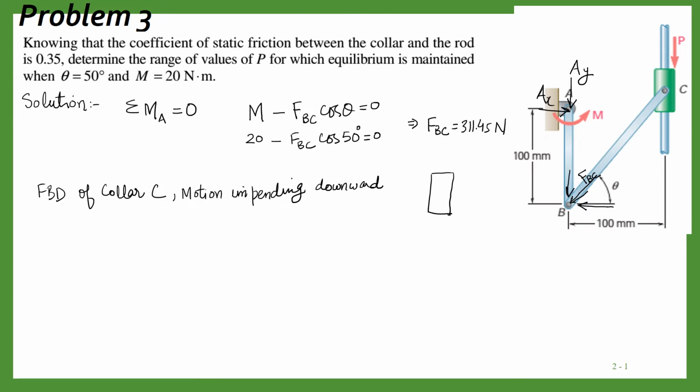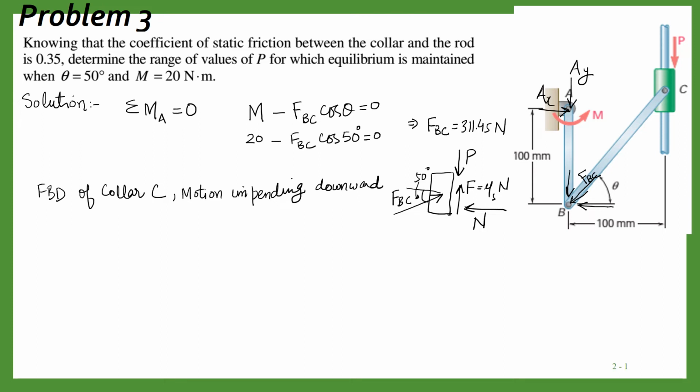so we have this force P, and if motion is impending downward, then friction force will act here, and this friction force will be mu s into N, and we will be having N normal, and then we have this force FBC, and this angle is 50 degree.